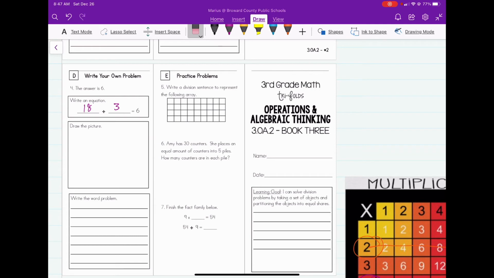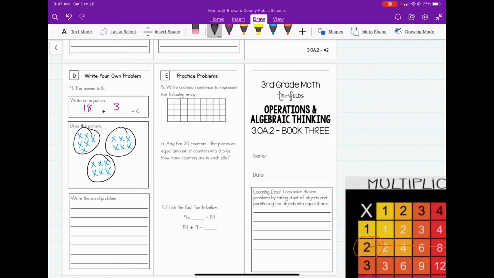And if we draw a picture, our picture would have to have 3 bags. 1, 2, 3, and in each bag we have to put 6 items. 1, 2, 3, 4, 5, 6. And if we count that all up, that should equal 18.